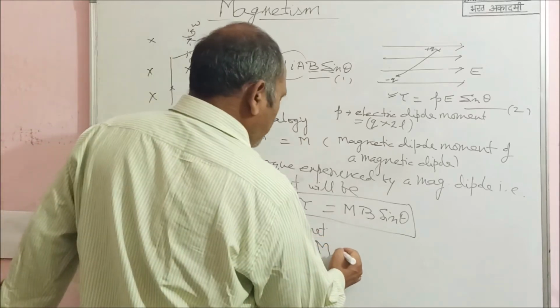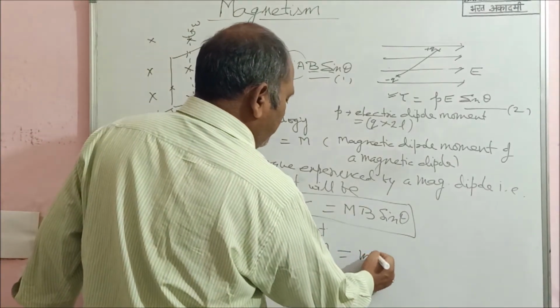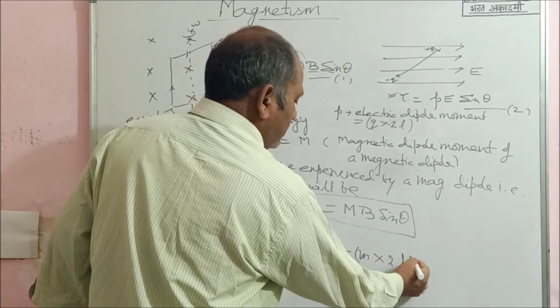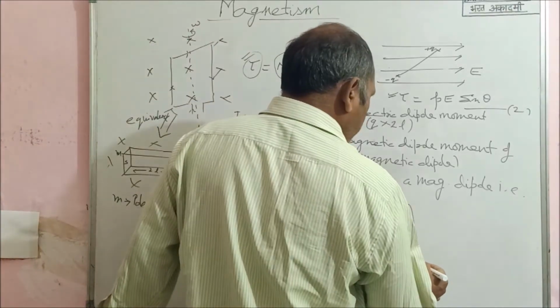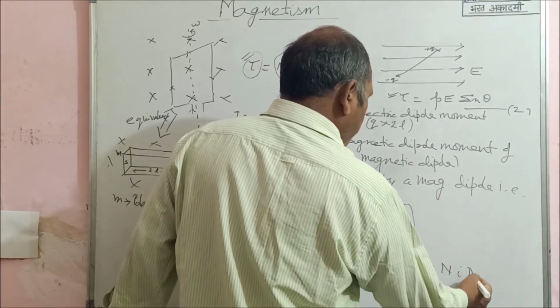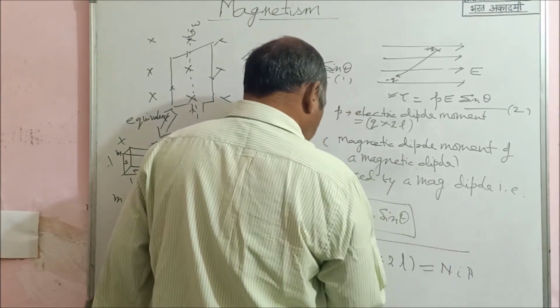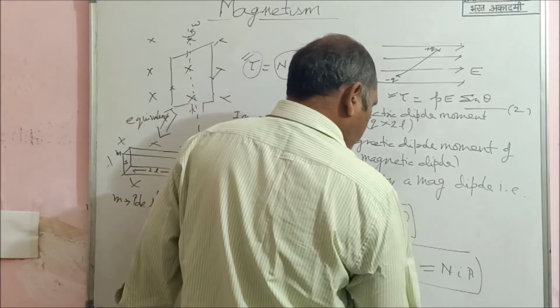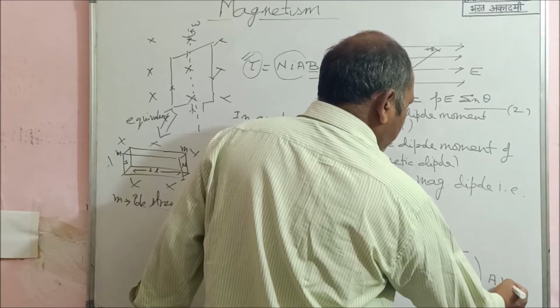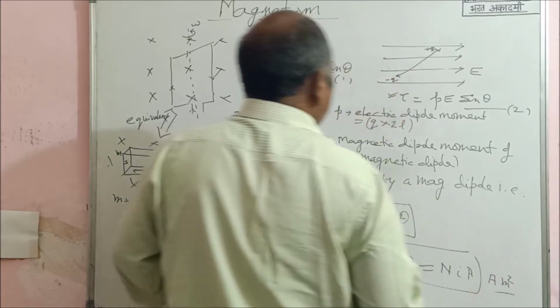So this M can be defined as m into 2L, where m is the pole strength, and mathematically it is equal to NIA. Remember this quantity. And so far as unit is concerned, for magnetic dipole moment, I is for ampere, A for meter square, right?